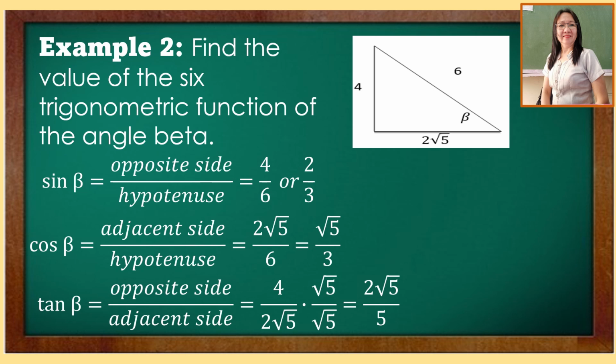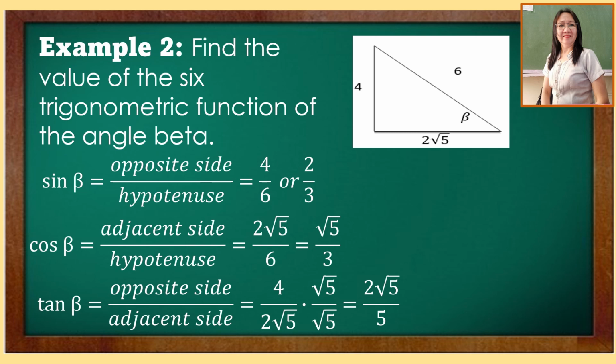And for tangent beta, which is the opposite side over the adjacent side, we have 4 over 2 square root of 5. Since we have a radical in the denominator, to eliminate this we multiply by square root of 5 over the square root of 5.